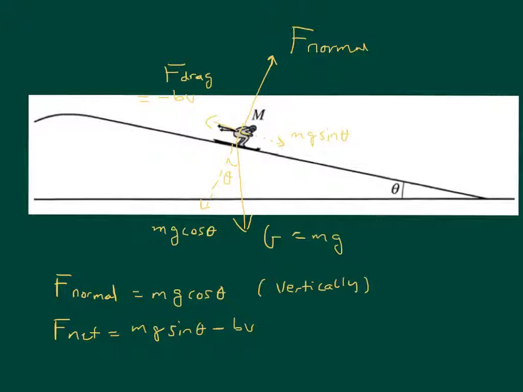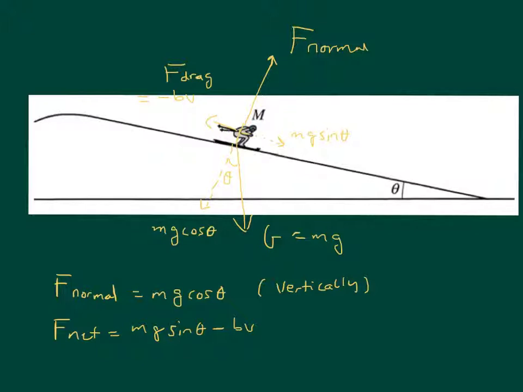If we separate the weight mg into two components, one perpendicular to the ramp, one parallel to the ramp, we will get mg cosine theta, and mg sine theta, which is parallel to the ramp. Then we can conclude F normal must equal mg cosine theta, whereas F net has to equal mg sine theta minus bv.